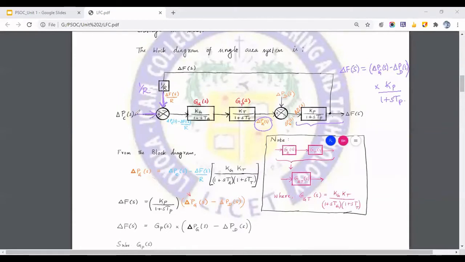So delta PC of S minus delta F of S divided by R is the variable that comes out of this comparator.